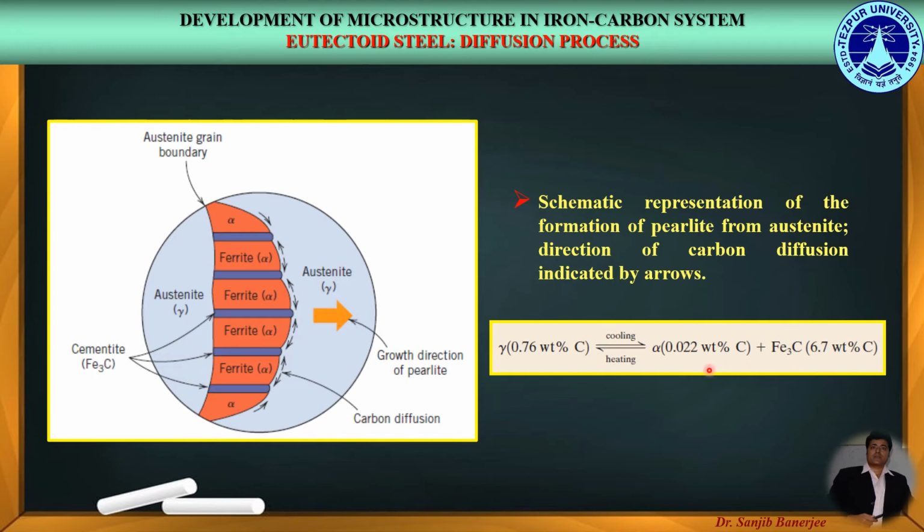Therefore, such a phase transformation requires a redistribution of the carbon by the diffusion process.